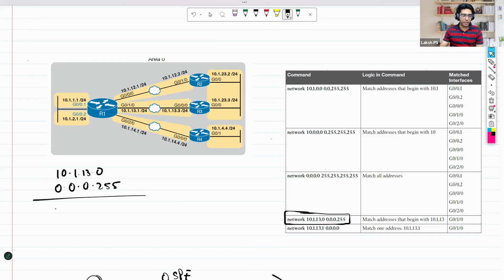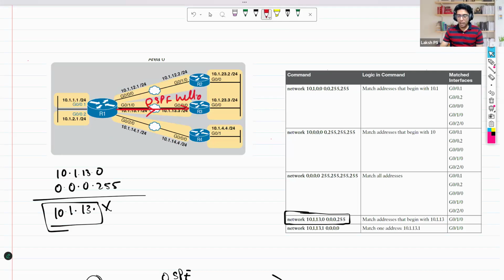Wherever there are 0s, it will make a note of it and ignore the rest. So over here on R1, this is the only interface that starts with 10.1.13, and out of this interface only, the OSPF hello message is sent.